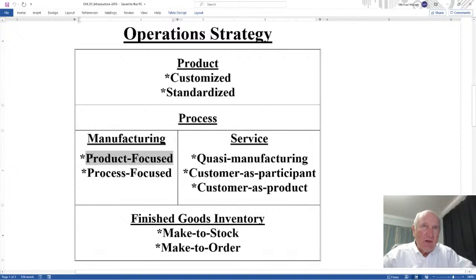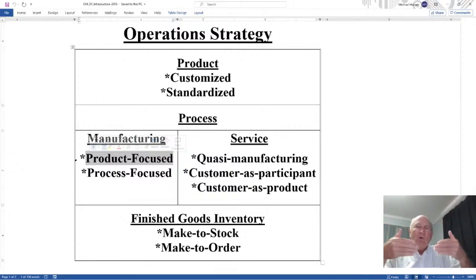And so it's focusing on the product needs. Well, the product needs to first do the chassis, then do the body, then do the engine, then do the wheels. And so this is the order in which this product needs to be processed, need to be developed. And so you're focusing on the needs of the product. And that's an assembly line or a conveyor belt. Okay, and so that's a product focused.